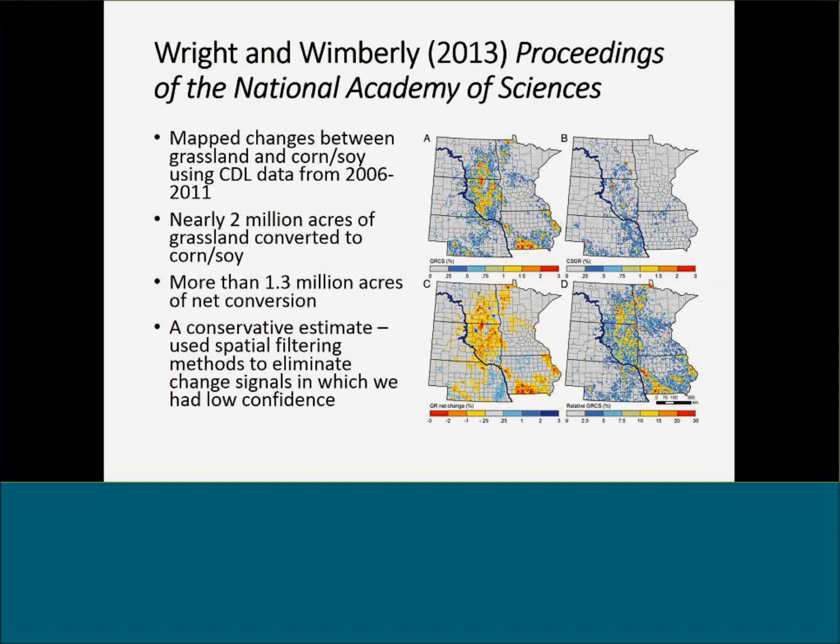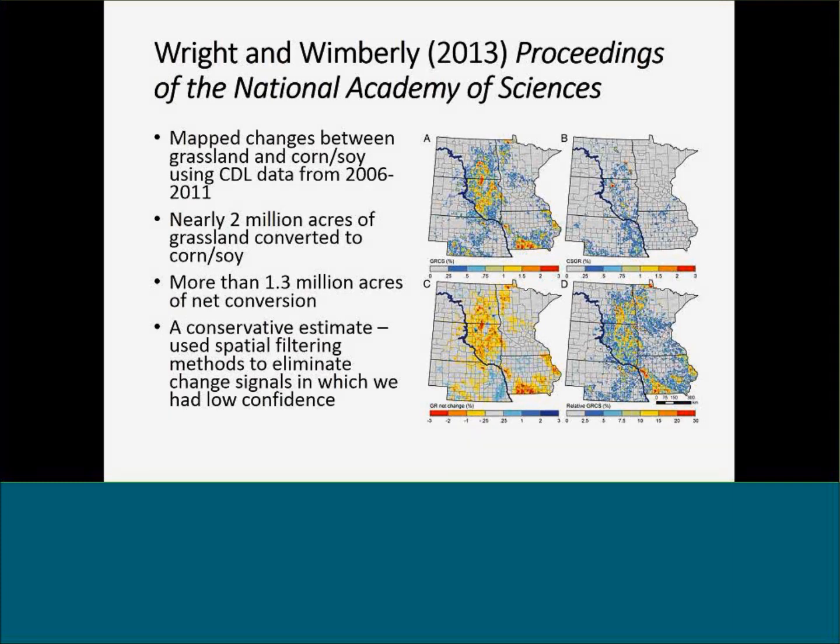I first got into this topic a number of years ago working with Chris Wright, who was a postdoc of mine at the time. Somewhat ironically, we were actually working on a biofuels project, and we wanted to have a look at some of the implications of corn ethanol expansion for land cover and land use change.